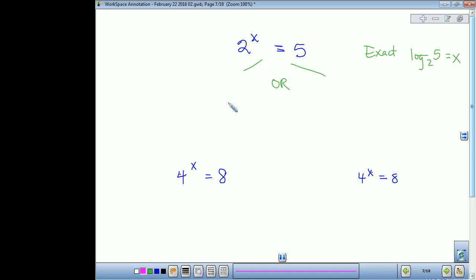All right, so what do we do to solve for exponents? We use logarithms, right? That's an inverse. So we're going to use a logarithm to solve for an exponent. If I take the log of this side, to keep the equation balanced, wouldn't I need to take the log of that side? Yes.